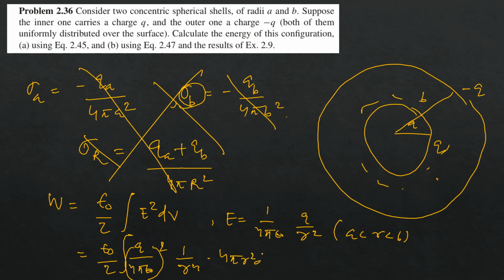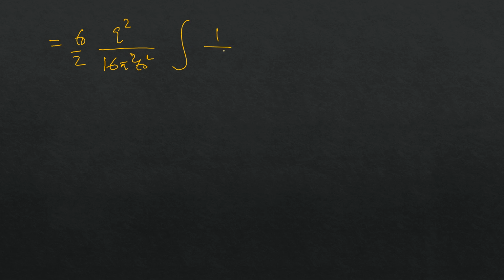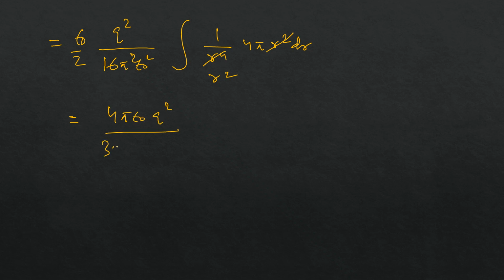I can write dV as 4 pi r square dr. So this becomes epsilon by 2 q square by 16 pi square epsilon naught square, 1 by r fourth, 4 pi r square dr. This becomes r square, this 4 pi goes out, so 4 pi epsilon naught q square by 32 pi square epsilon naught square. And this becomes dr by r square, that is minus 1 by r.